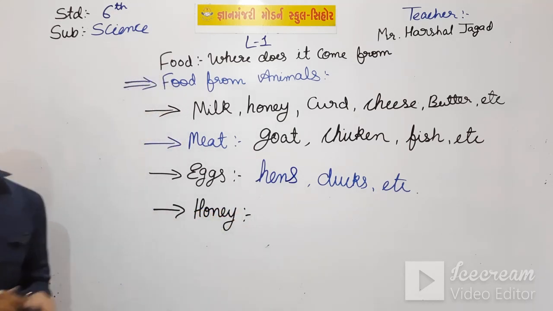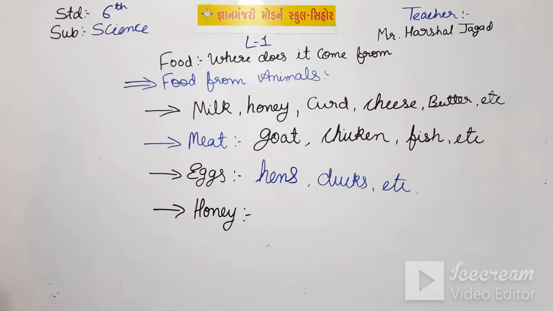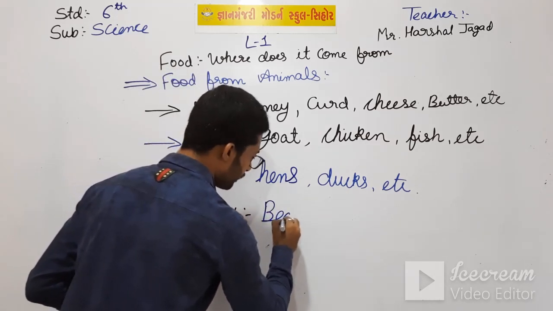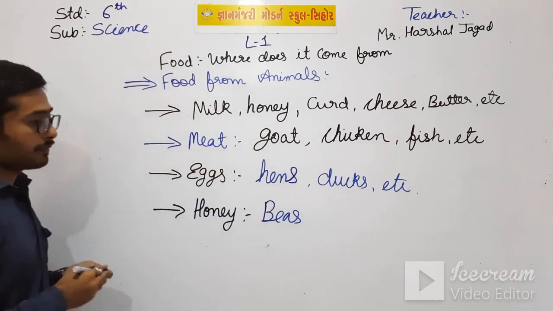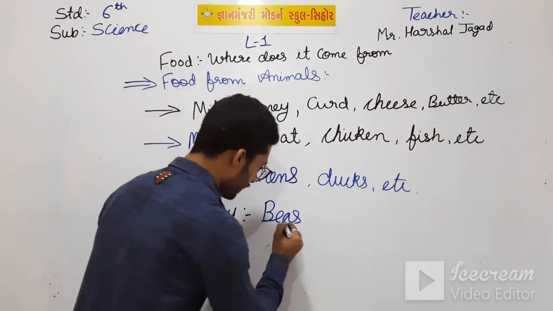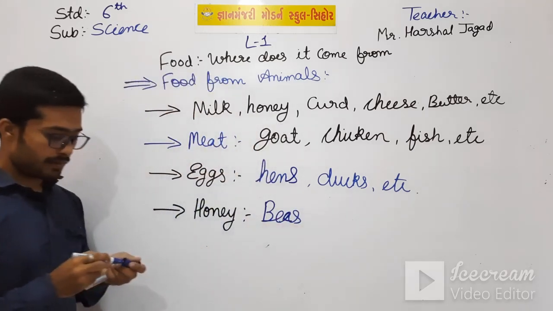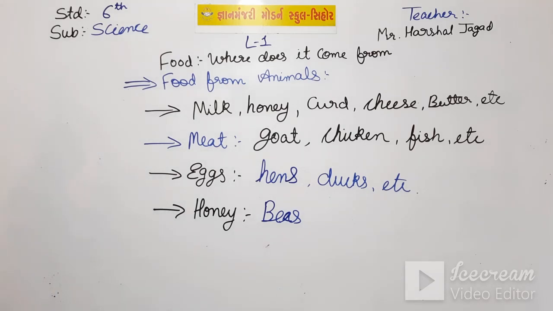So where does the honey come from? From bees. Okay. Sorry. It is E. Bees. And then milk.